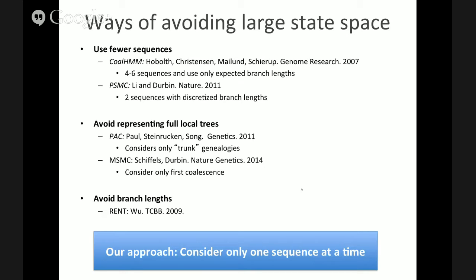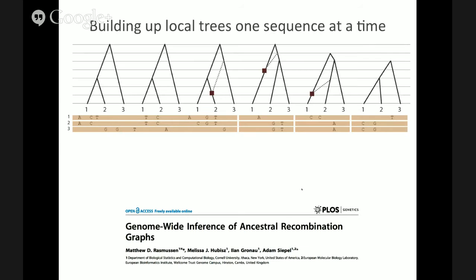So if you could solve that subproblem, maybe you could build upon that to then sample the entire ARG. Okay, so this was the key idea behind a paper we published earlier this year in PLOS Genetics, and the software implementing it is called ARGweaver.